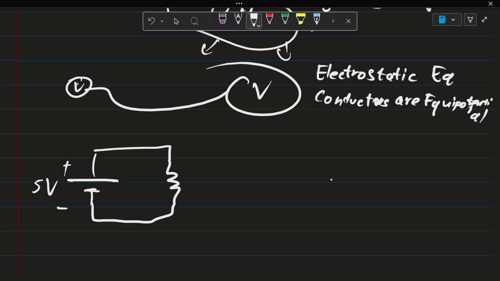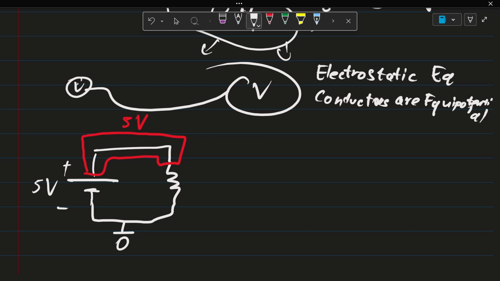And these wires here are conductors, meaning that they are pretty much in electrostatic equilibrium, or pretty much equipotential. So that means that this entire wire here, let me use a different color, this entire wire here resembles 5 volts, if you take the ground node to be 0. What does it mean to take a ground node?